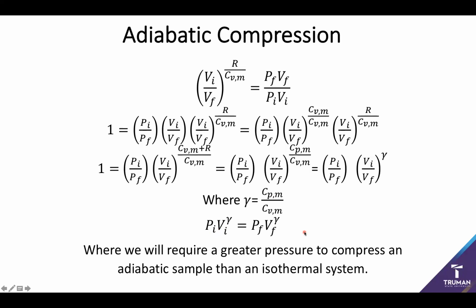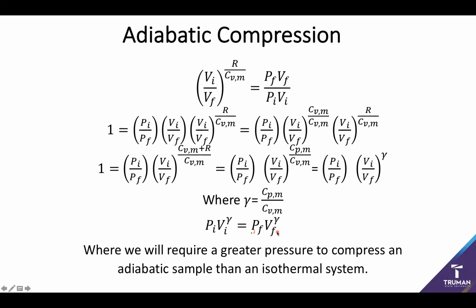Now let's go ahead and work this by some example numbers. Let's say I have an initial pressure of 1, an initial volume of 2, and a final volume of 1. So essentially, my volume is halving.